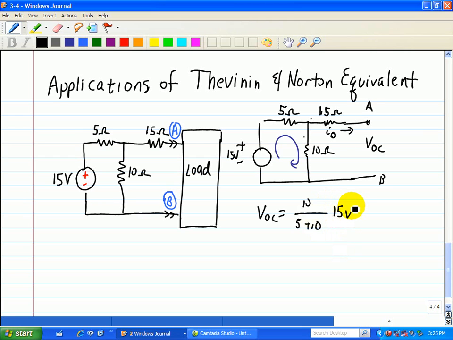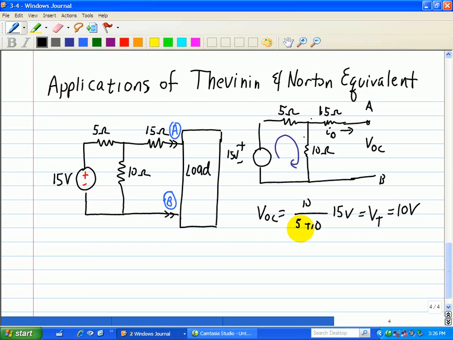So that's our VOC, which is our Thevenin voltage between terminals A and B. When you calculate that, that's just 10 volts, since the 15 here cancels with the 15 in the denominator.